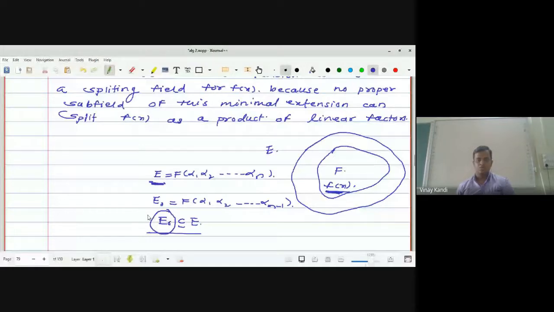Hence E is the splitting field, the smallest field in which we can write f of x as a product of linear factors. So for every polynomial f of x, there exists a splitting field.